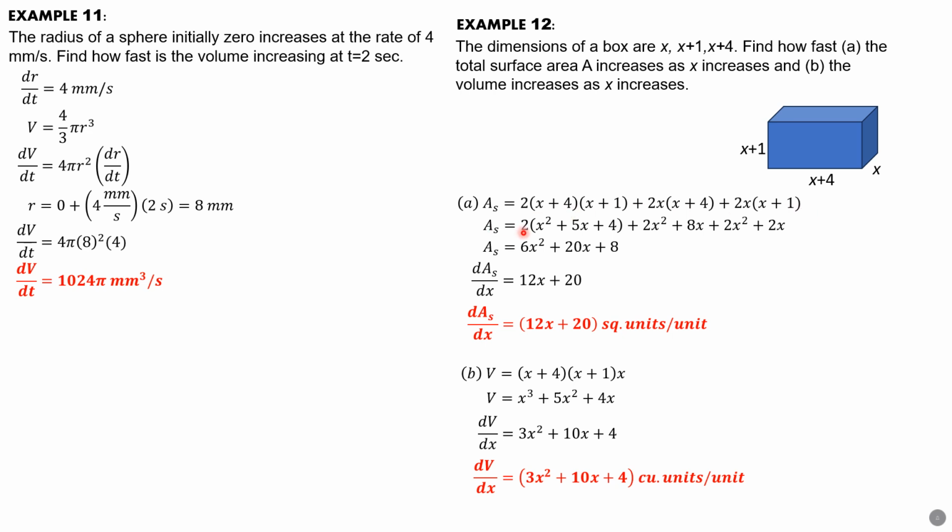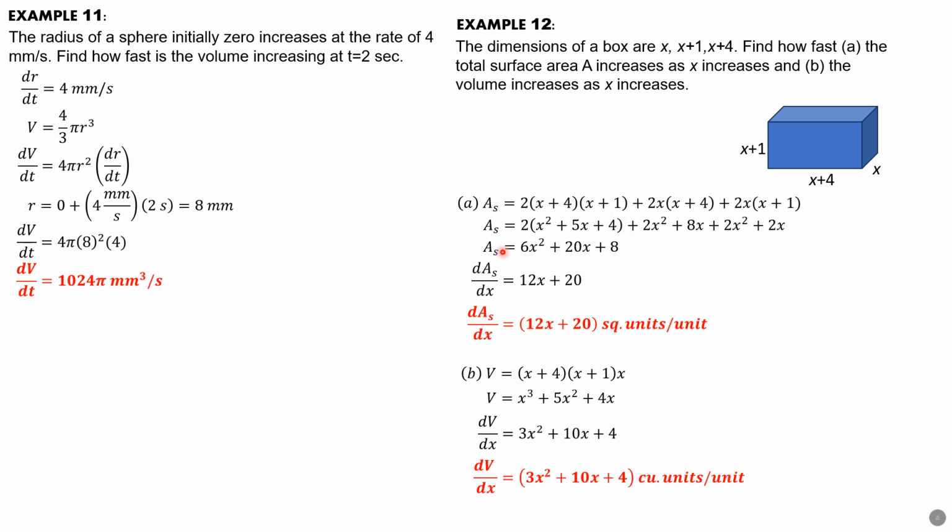Expanding, so area S is 2 times quantity x squared plus 5x plus 4. This is 2x squared plus 10x plus 8, then plus 2x squared plus 2x, and plus 2x squared plus 8x. Combining like terms, 2x squared plus 2x squared plus 2x squared is 6x squared. 10x plus 8x, 18x, plus 2x, 20x, and the only constant is 8.